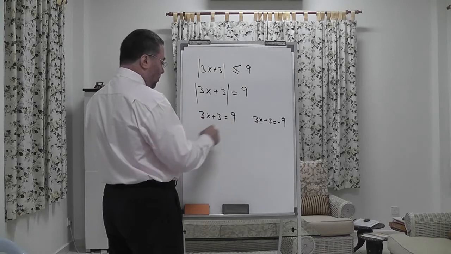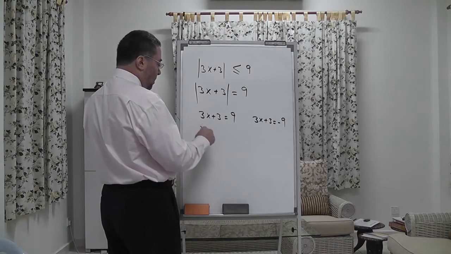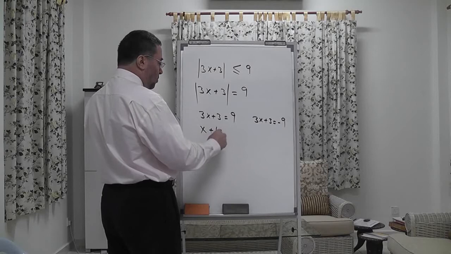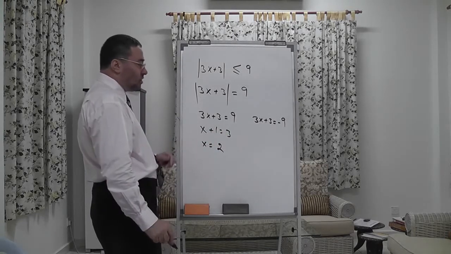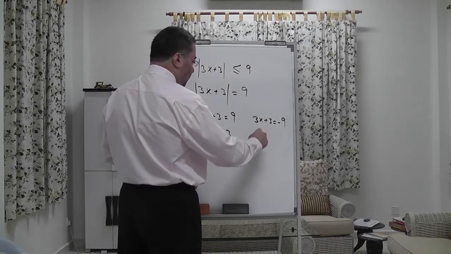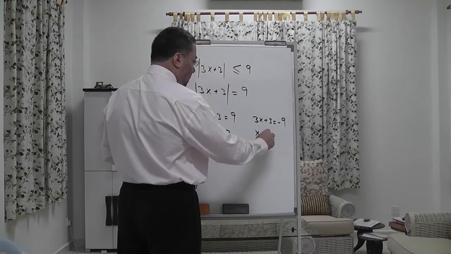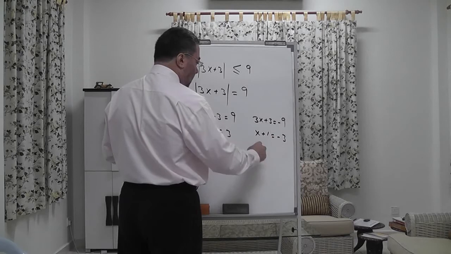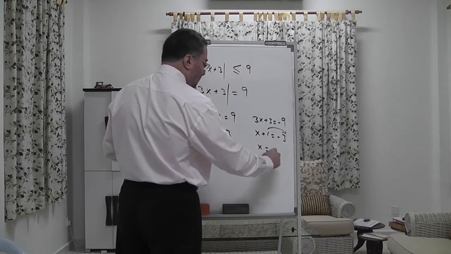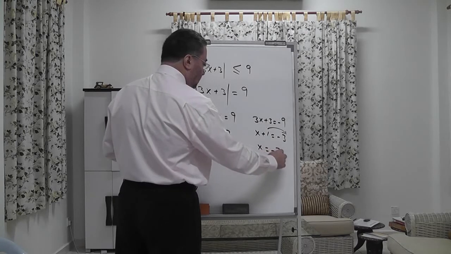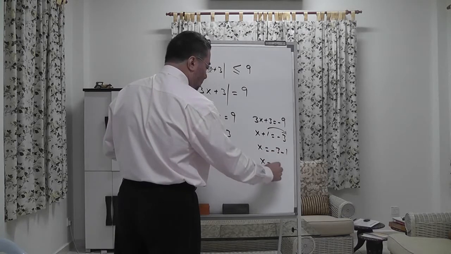First, we divide everything by 3, and that will give us x plus 1 equals to 3, and x equals to 2. So this is our first root. Here we divide by 3 again, and that's x plus 1 equals to minus 3, and x equals to, we take this to the other side, and that will be minus 1, and x equals to minus 4.